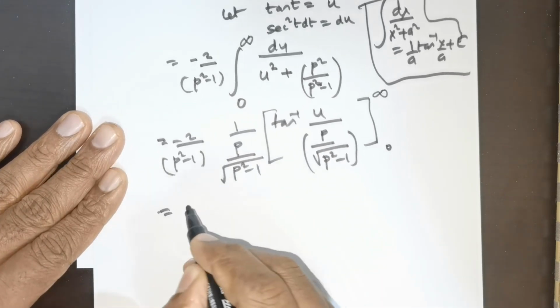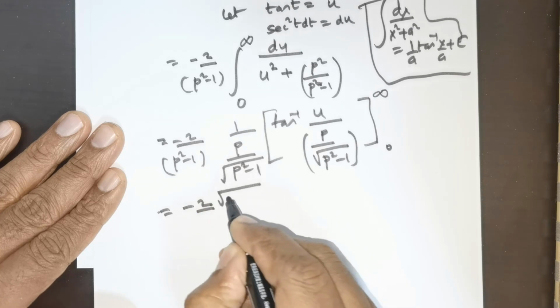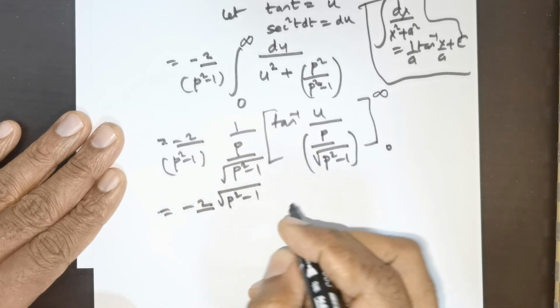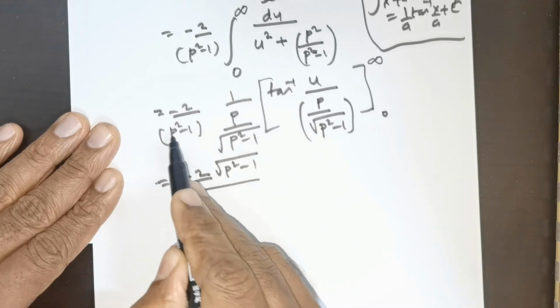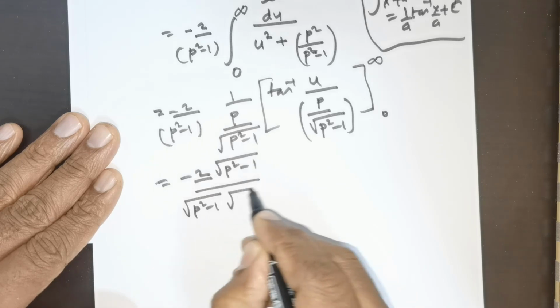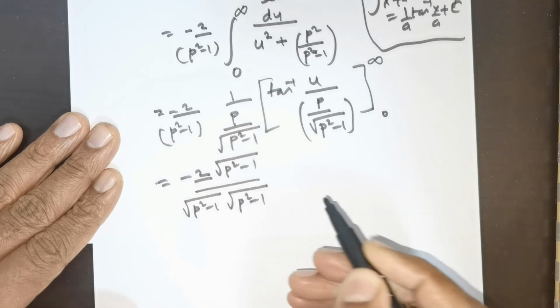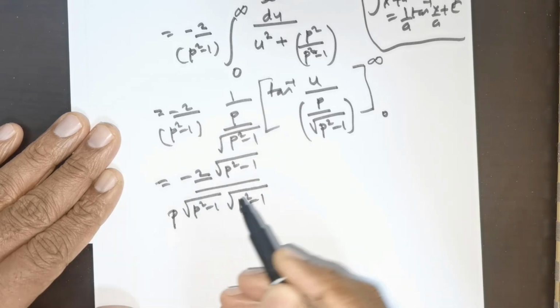So now this is equal to negative 2 times root of p squared negative 1 divided by, now root p squared negative 1, can I write this as root of p squared negative 1 multiplied with p squared negative 1? Okay, that is there, and also we need a p there.